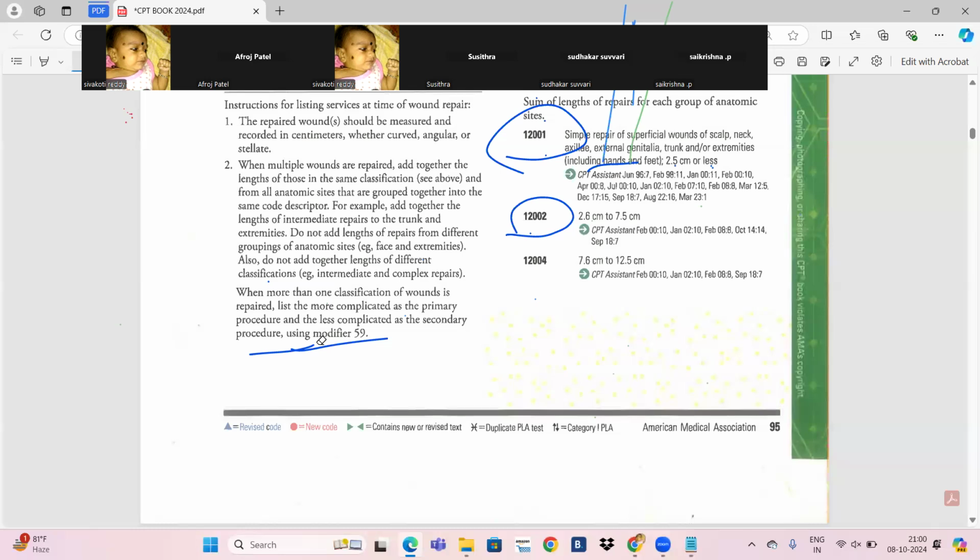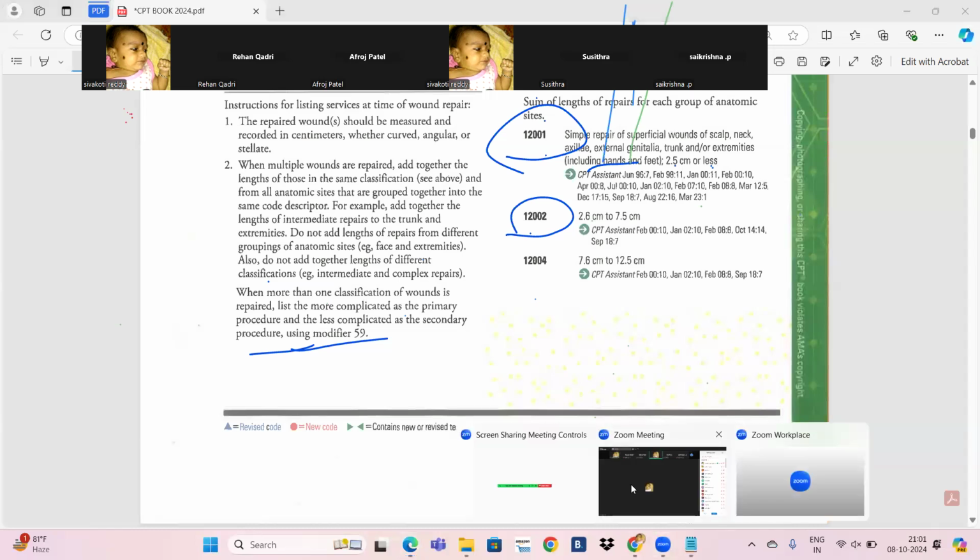Any doubt on simple repair, intermediate repair, complex repair? When multiple lacerations or a single laceration is given, how will we code? You need to check the anatomic site and type of repair, like intermediate or simple, and whether both come under the same anatomic site or different anatomic sites.